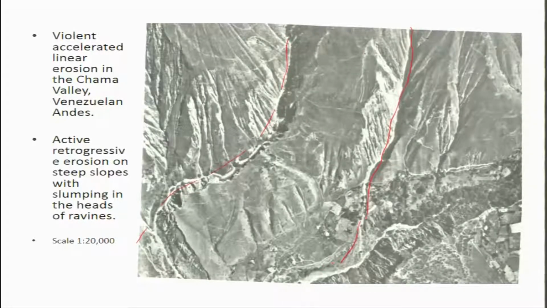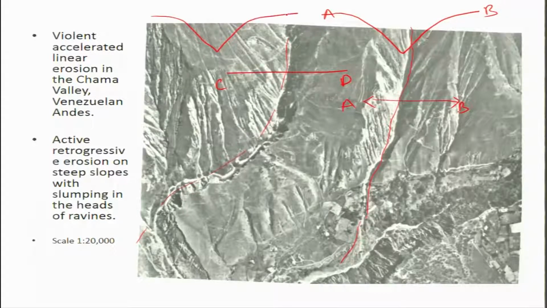So this is a valley. If you take the profile from here, from point A to B, you will find something like a V shape.